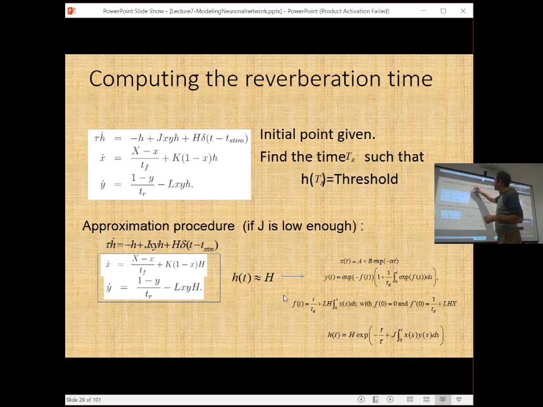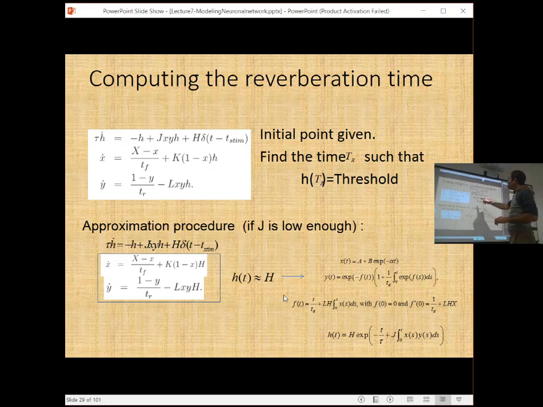So what we said at that time is that you start with H, you give a spike, it lasts some time, and then it decays. And I'm interested in evaluating this time, this duration. Can we estimate this duration? I'm going to explain to you how we did it.